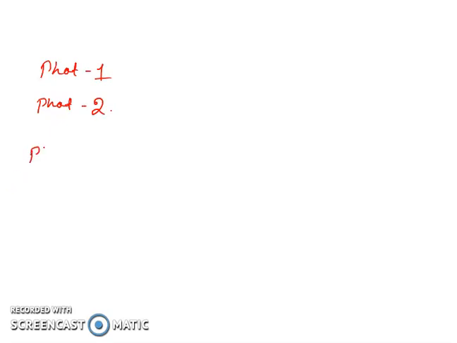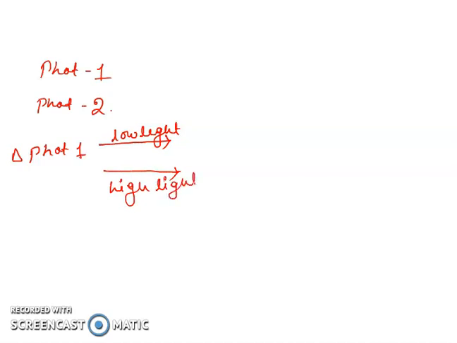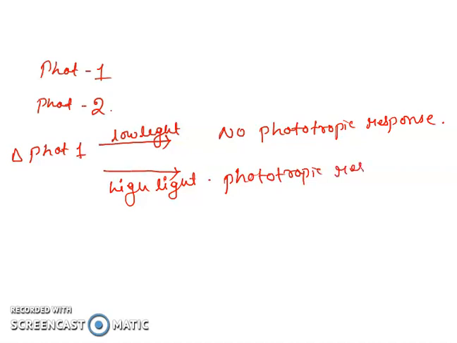When there is mutation in FOT1, in low light intensity and in high light intensity, it shows different effects. In low light intensity, there is no phototropic response. And in high light intensity, when FOT1 is mutated, it shows phototropic response.